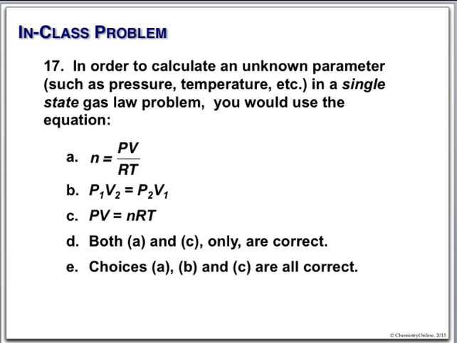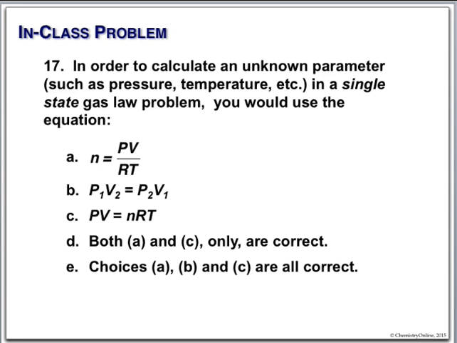All right, in order to calculate an unknown parameter such as pressure, temperature, whatever, in a single state gas law problem. When we talked about gas law problems, we said that there were two basic categories. Single state, that's where you know this, this, and this, and you're trying to figure out what that is. Or two state, where you have something, make a change, and you have something else.